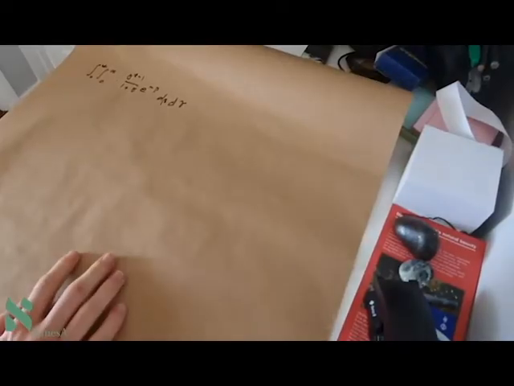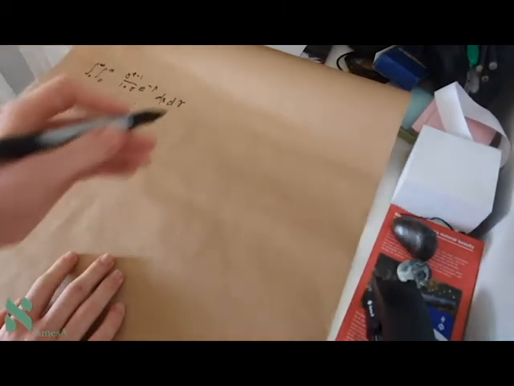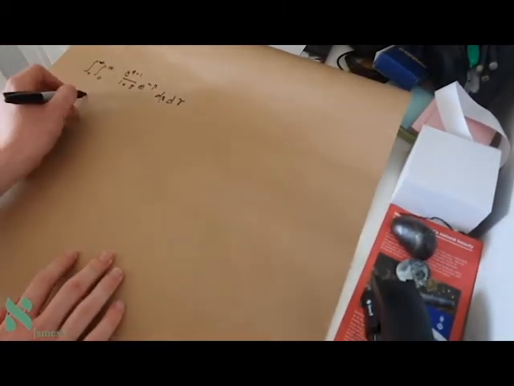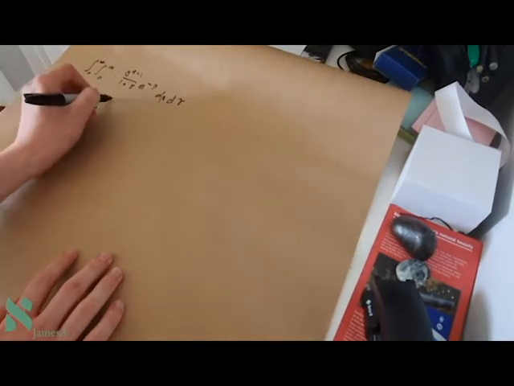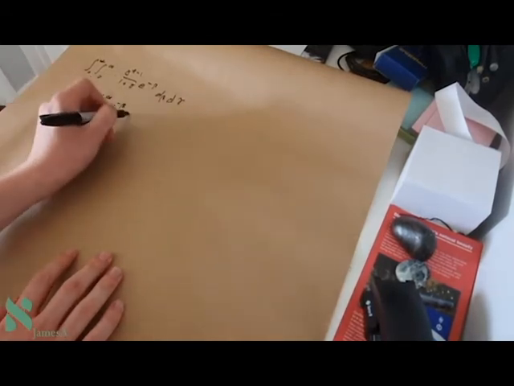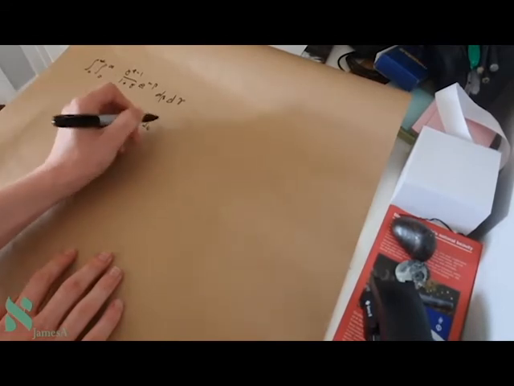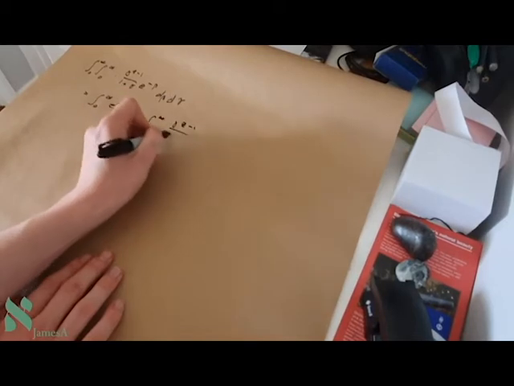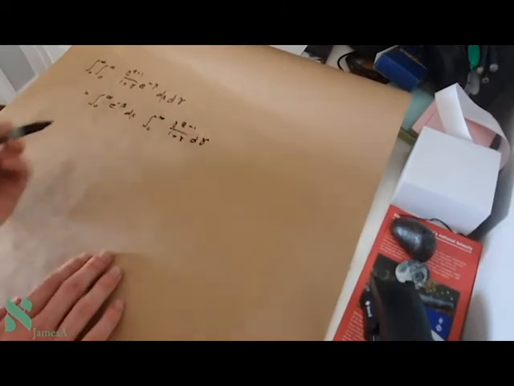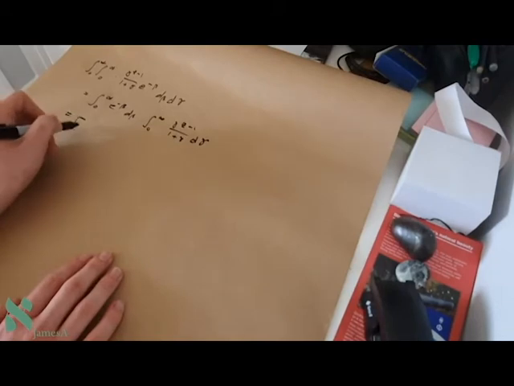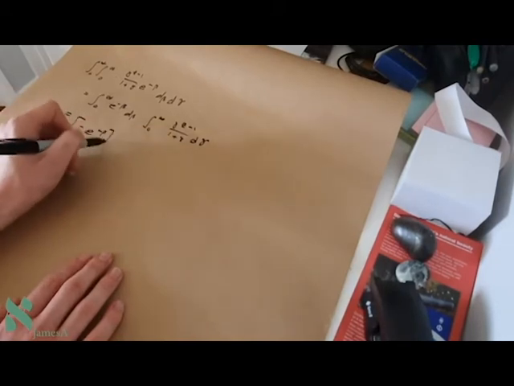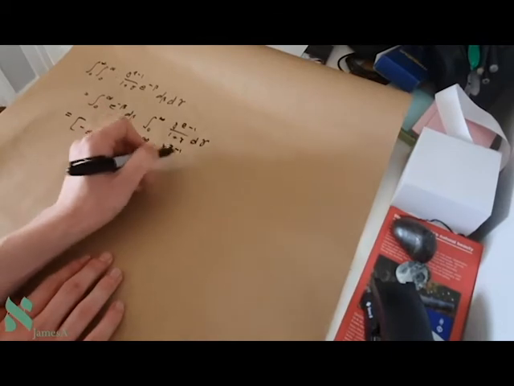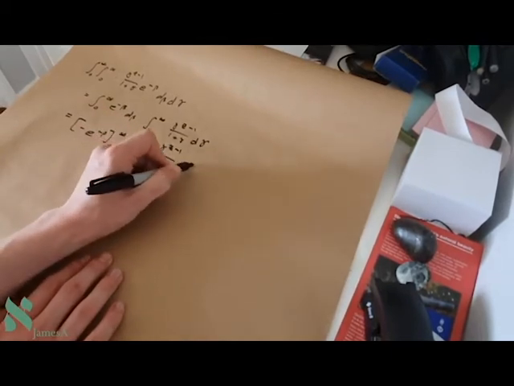In the original filming I had a bit of a moment at this point, so we shall go back to this step and we shall solve this integral from here. At this point we will take the e to the negative beta onto this side and split the integral back into two integrals. Okay, so then this is negative e to the negative beta between 0 and infinity, then 0 to infinity of gamma to the z minus 1 over 1 plus gamma d gamma.